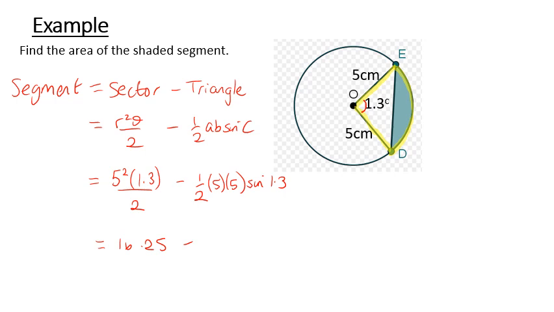And then a half times 5 times 5 times sine of 1.3 is 12.04447732. So if I do 16.25 minus that answer, it gives me an answer of 4 point something, and I'm going to round now to one decimal place. It would be 4.2 if I rounded it. And it's an area, so my units would be centimetres squared.